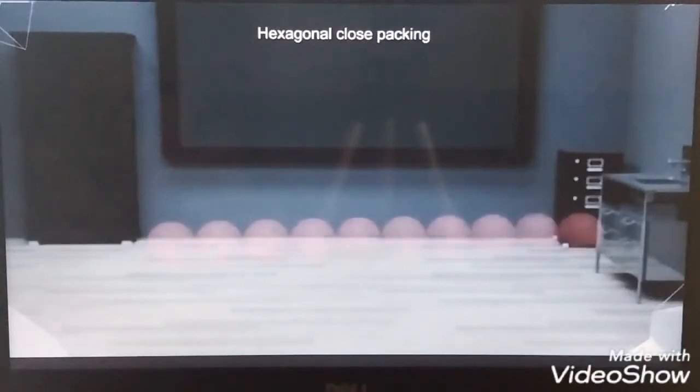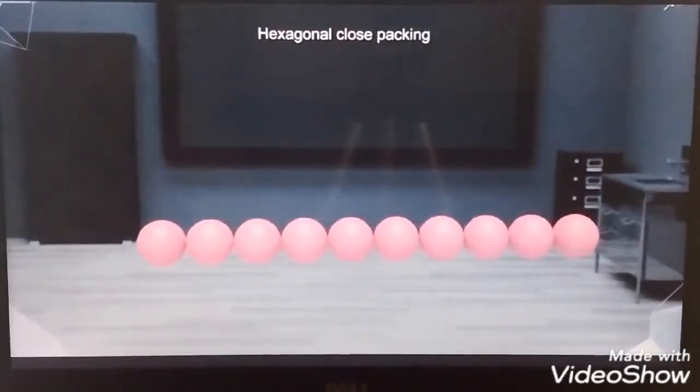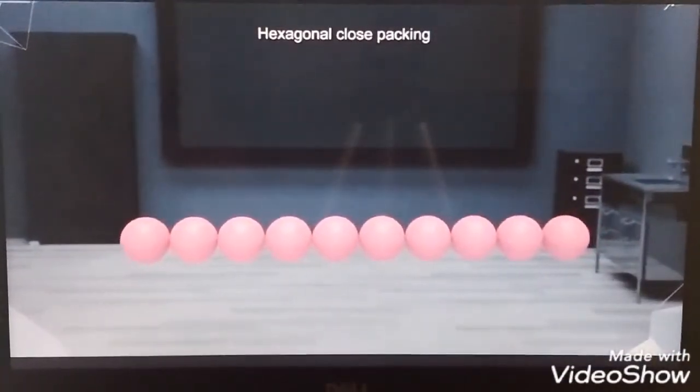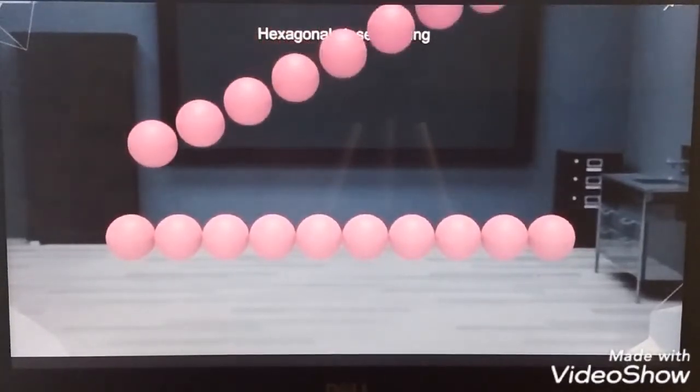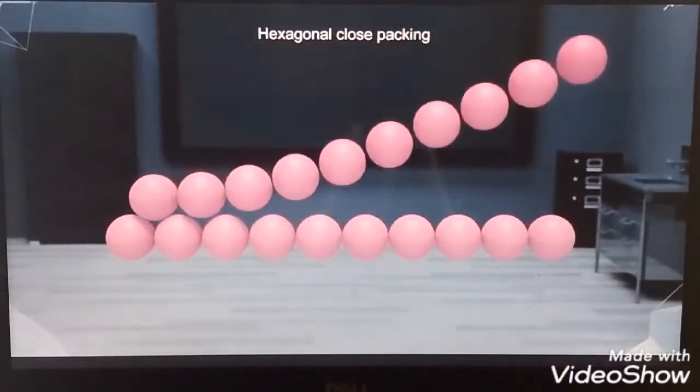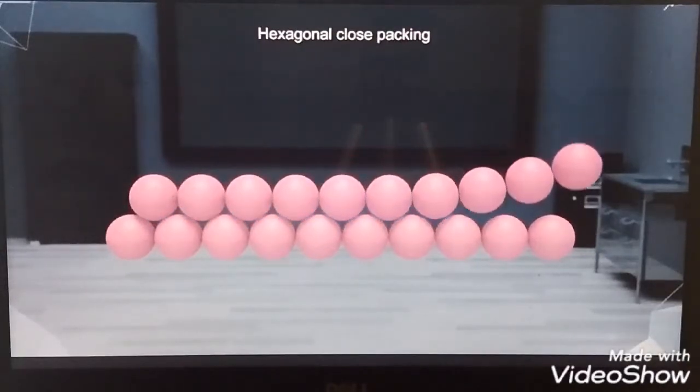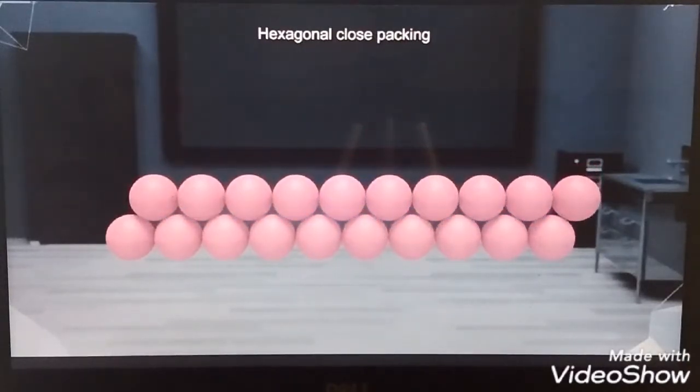Hexagonal close packing. In this type of packing of spheres, the second row of the spheres is placed in a staggered manner such that the spheres fit in the depressions of the first row. If we call the first row as A type, then as the second row is different from the first row, it can be called B type.